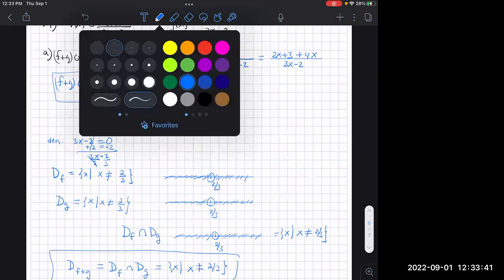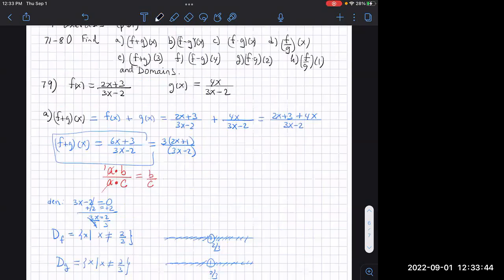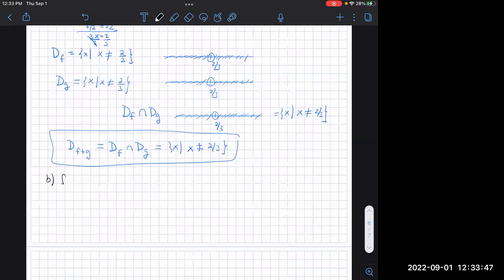Okay, very good. Part B, f minus g. That would be f of x minus g of x. f of x was 2x plus 3 over 3x minus 2, minus g of x, which was 4x over 3x minus 2. Now we simplify.